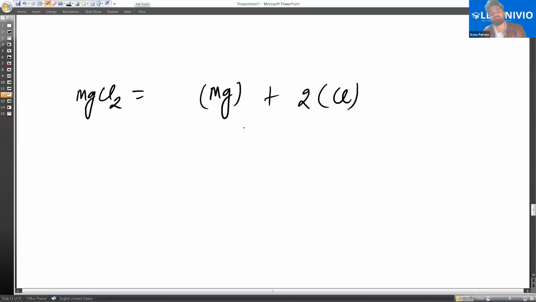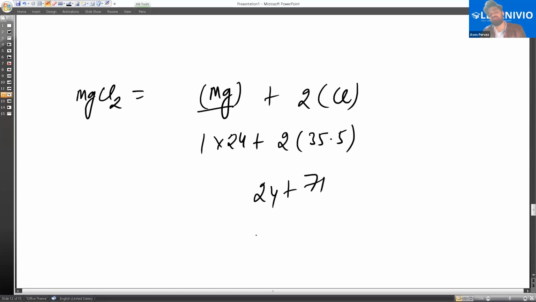So one magnesium mass is 24, plus 2 times 35.5, which is 71. Plus 24, you will get 95. Very good.